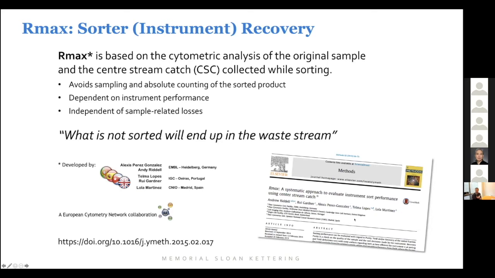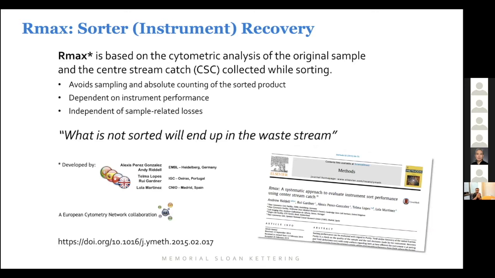But the idea is that if you want to understand if the sorter is charging the right drop at the right time, every time it misses, you're going to sort either the wrong cell or an empty drop, right? So you're going to compromise recovery.